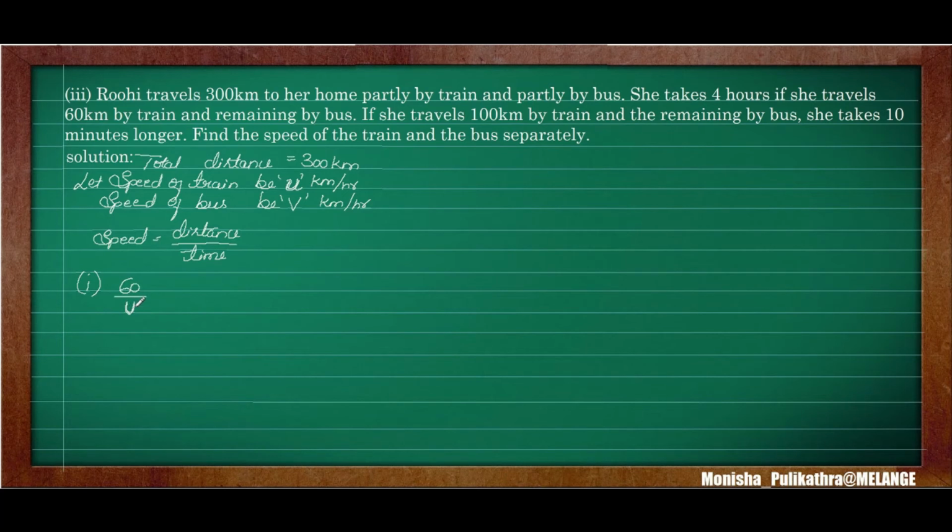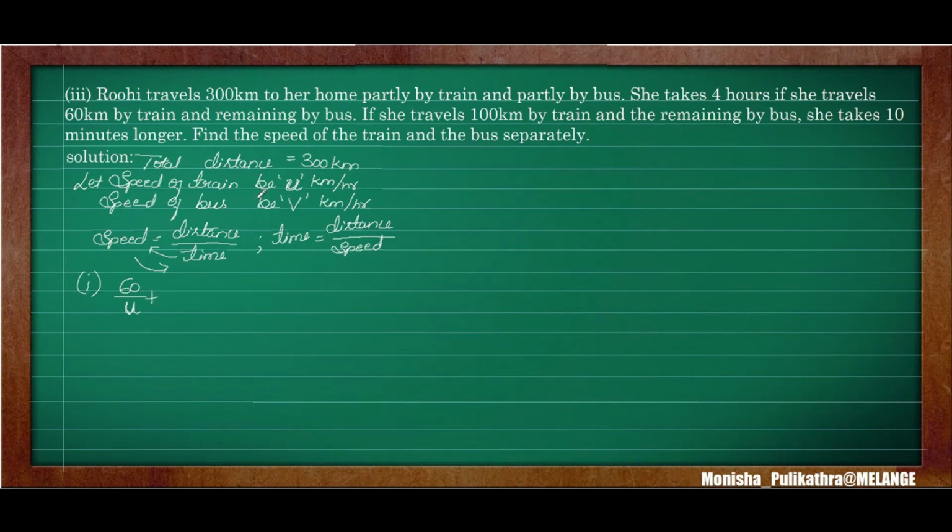So write u here, plus. Here I have taken distance by speed. This formula can be interchanged, so time is equal to distance by speed. So distance by speed plus the remaining.